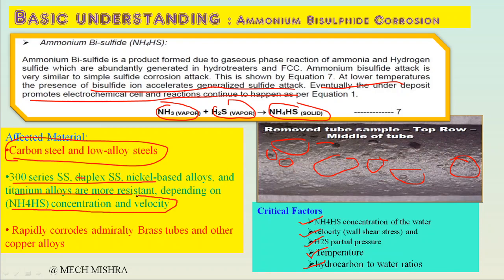H2S is formed by the catalytic breakdown or catalytic conversion of the sulfur compounds in the stream, and ammonia is formed from nitrogen compounds.